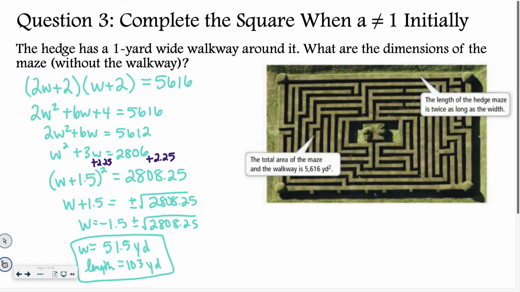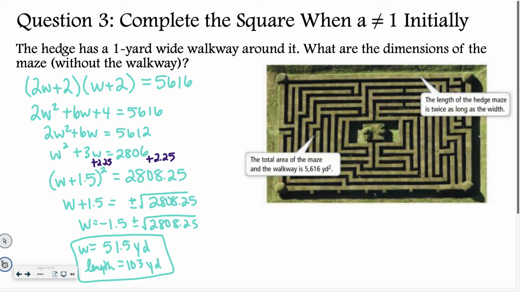And then if you cut your b value in half, that's 1.5. So I had w plus 1.5 quantity squared. But when I did 1.5 squared, that's 2.25. And so I added that to both sides. So my 2,806 became 2,808.25.